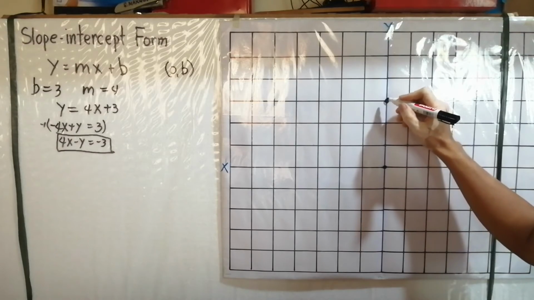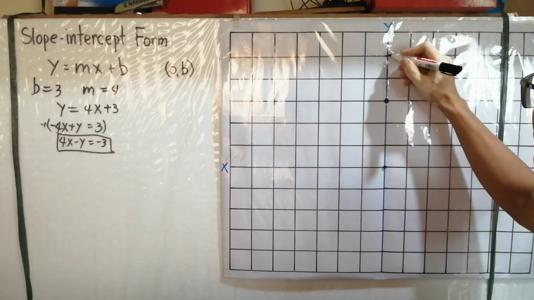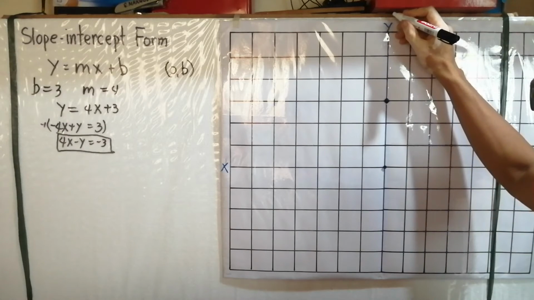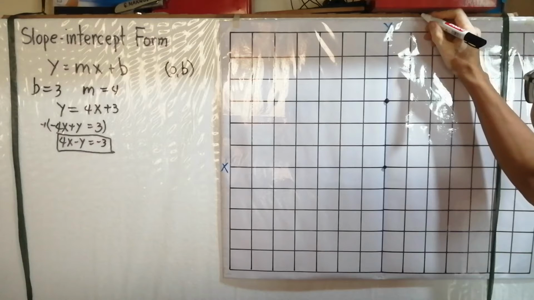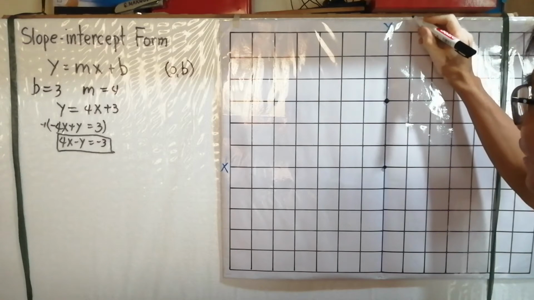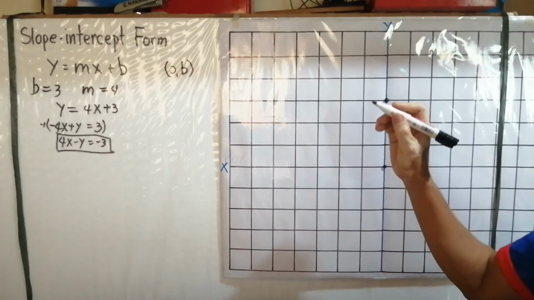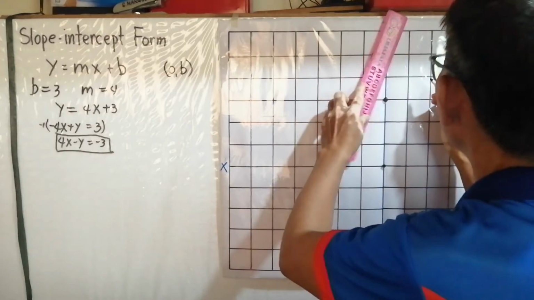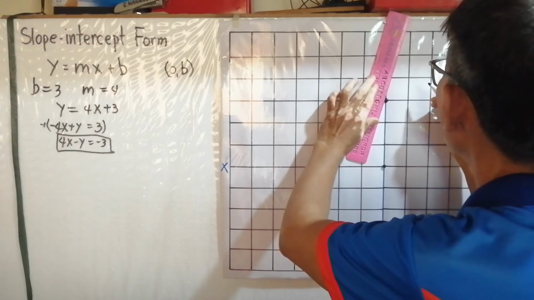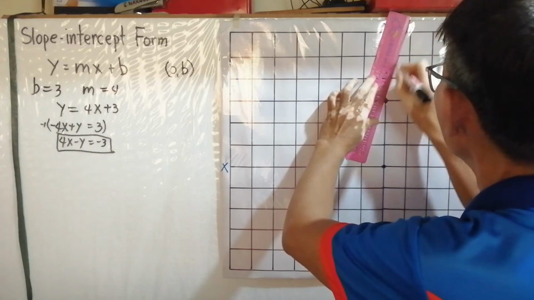So let's just assume, because we are short of one there, 1, 2, 3, 4, and 1. So it's here. The second point is here. So it happens that way. Okay. So you may connect it, the line with something like this.